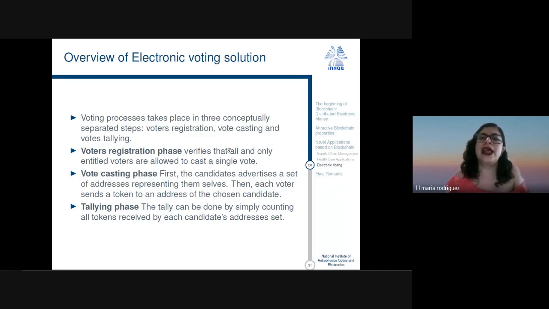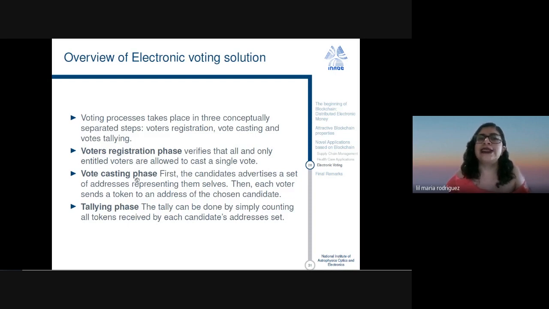What the blockchain solutions are doing is that you can send a token to the community and you can be part of a list that allows your address to later emit these votes.